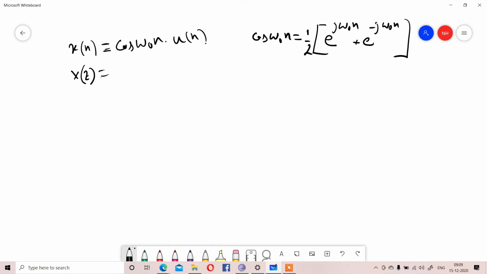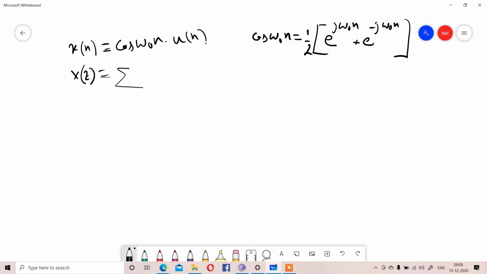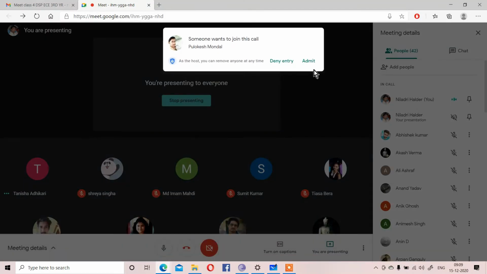Then obviously X(z) will be the summation of n from, as you have u[n], so obviously it will vary from 0 to infinity, not minus infinity to infinity.